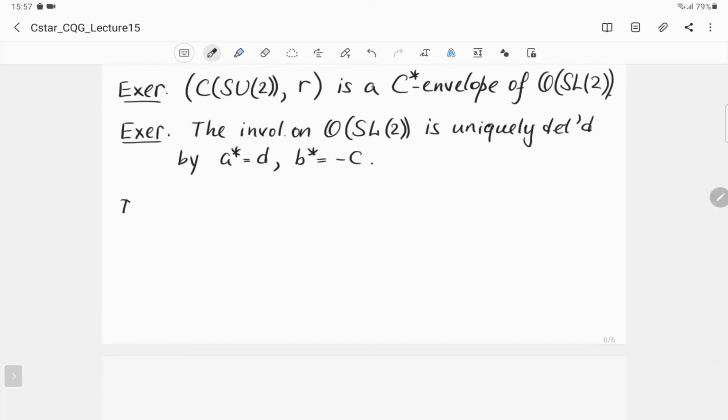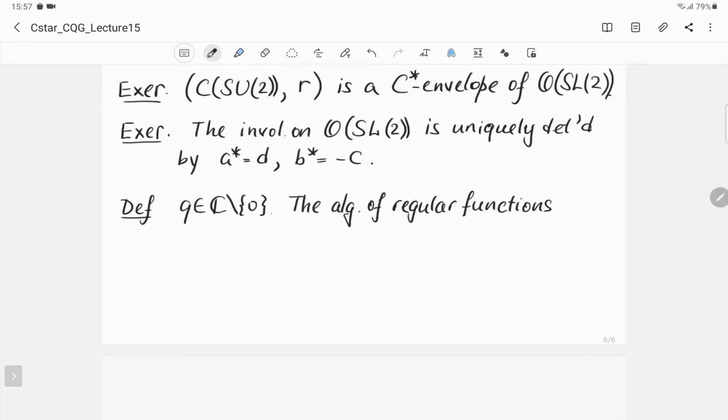Now let's look at the quantum analog. So we give the following definition. Suppose that Q is a non-zero complex number. We define the algebra of regular functions, in quotation marks, on the quantum SL2 group as follows.